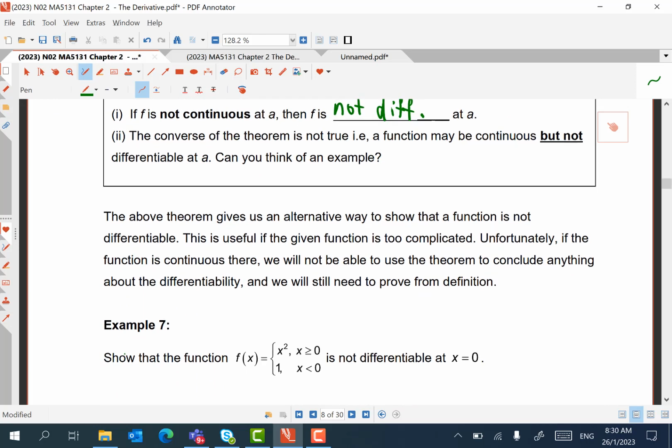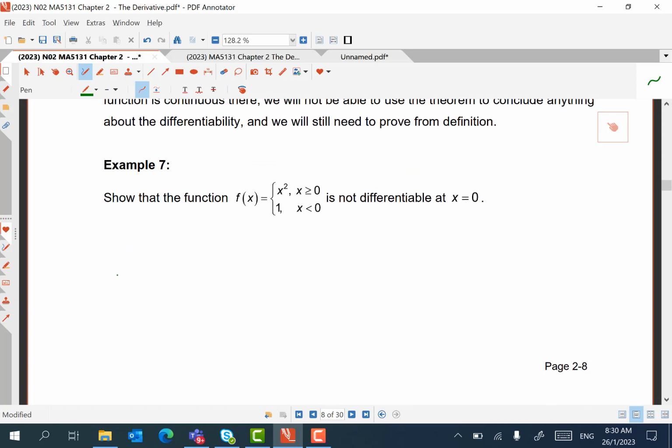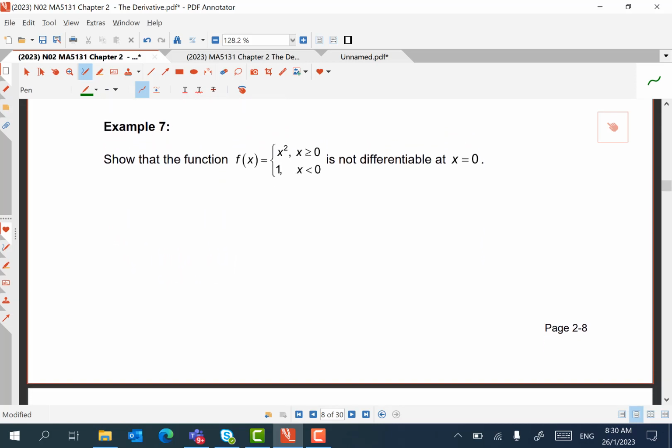Example 7. Okay, example 7. You want to tell us how you would do this question?